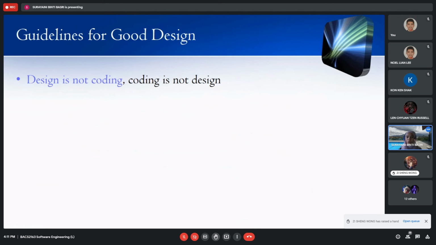When you are doing the design, if you think about the code first, sometimes you will forget about the logic, because you need to design your system at a higher abstraction first without going into the details of the code. Coding is not design because coding is just the implementation of whatever you have designed. That is what it means by design is not code, code is not design.